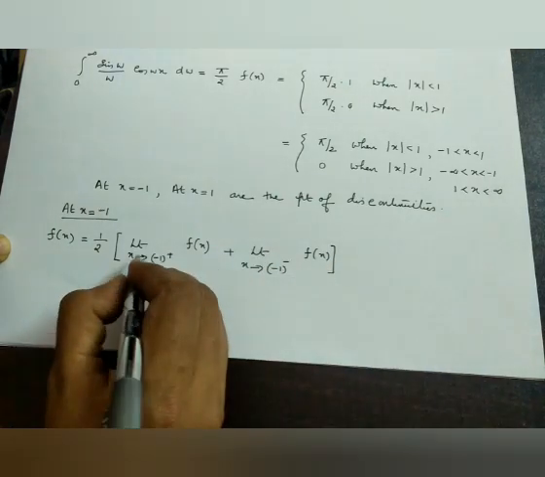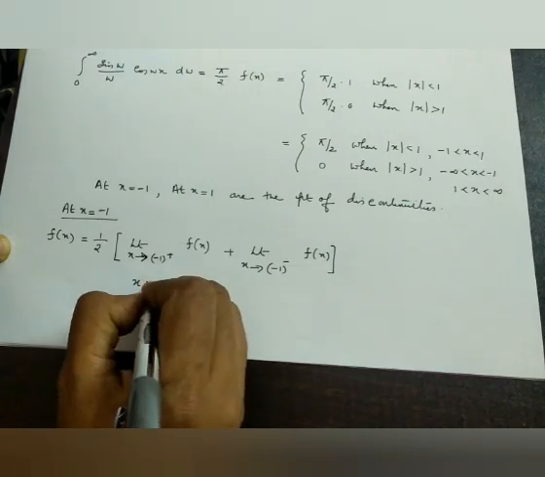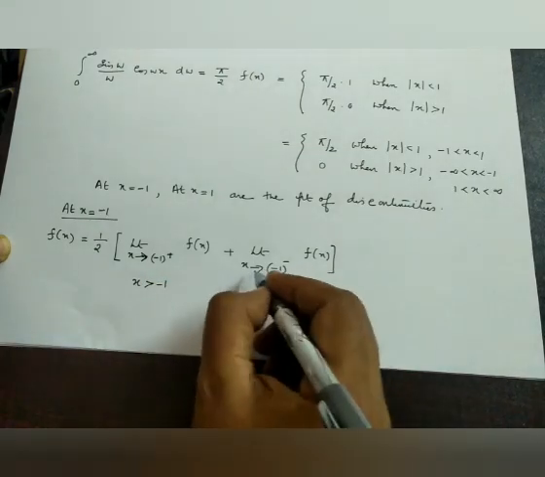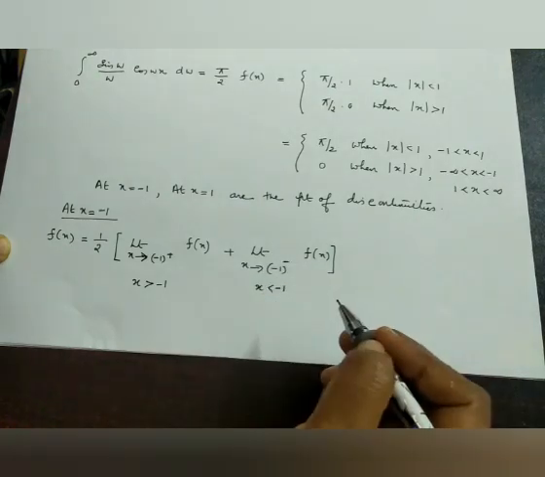Or this can be written as x tends to minus 1 plus means x greater than minus 1, and x tends to minus 1 minus means x less than minus 1.